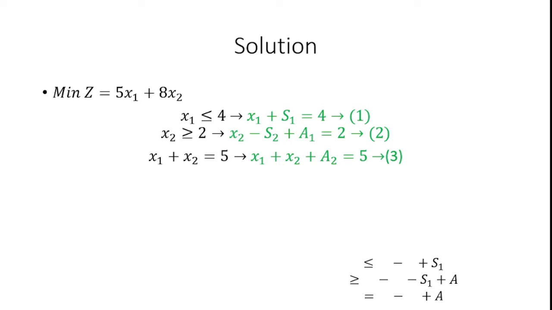After that, I have x2 greater than or equal to 2. Here the greater than or equal to symbol appears. We can't solve this constraint equation with the simplex method directly, so we move to the artificial variable technique. Here I may use x2 minus s2 is equal to 2.